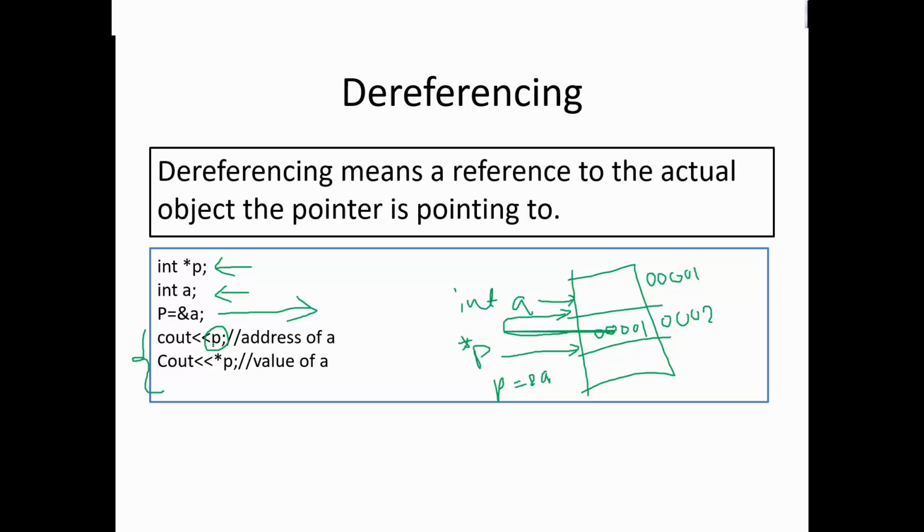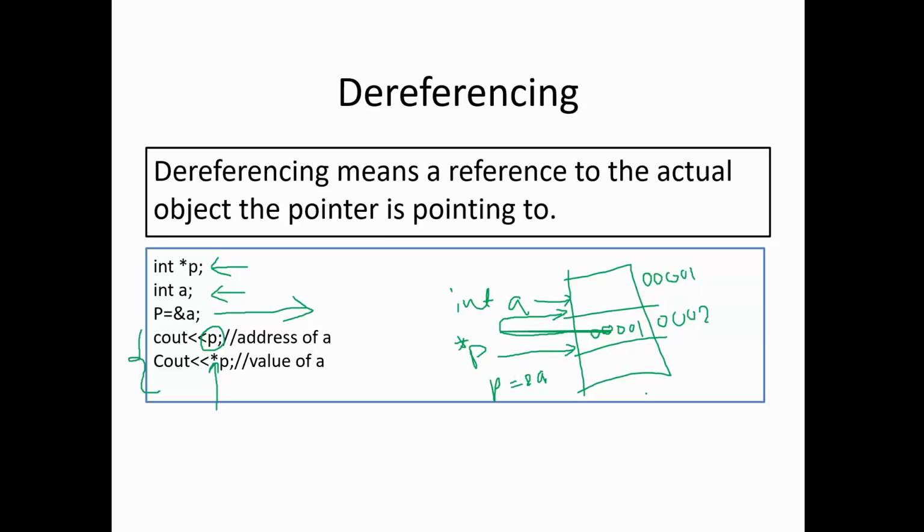So if you directly ask to print the variable name or the pointer name, it will print that address. Instead, if you mention the asterisk also, asterisk means you are pointing to something. So the value of what you are pointing to will be printed.